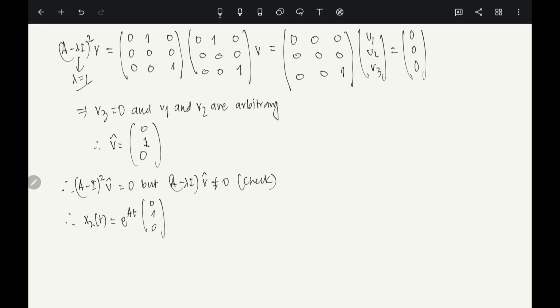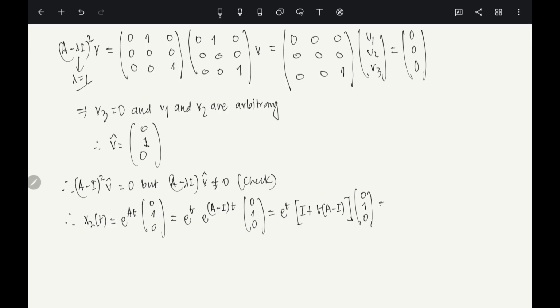Is it okay? Now if you have to do it this way, e to the power lambda t, lambda is 1 here, so it is e to the power t, and then we can write it as e to the power (A minus I) t. You remember, we can just break it up, and then I have this vector 0, 1, 0. So if you write it properly, it is e to the power t, then identity plus t times (A minus I), and then our vector 0, 1, 0.